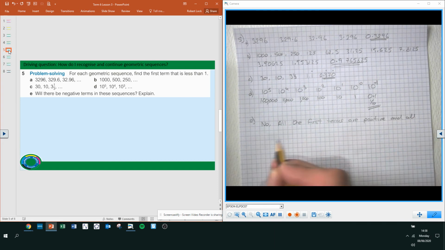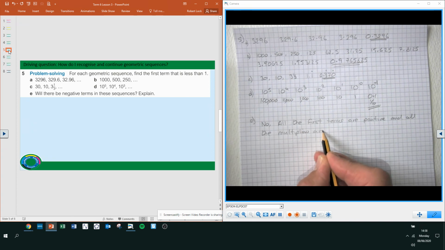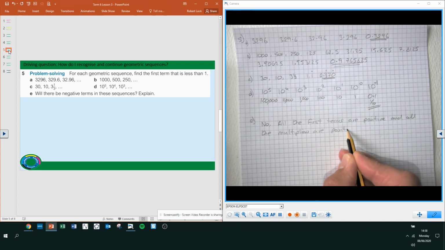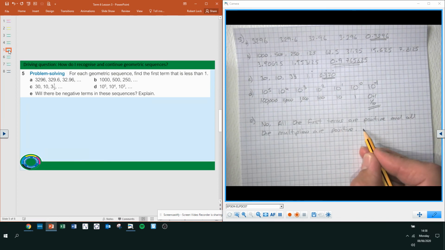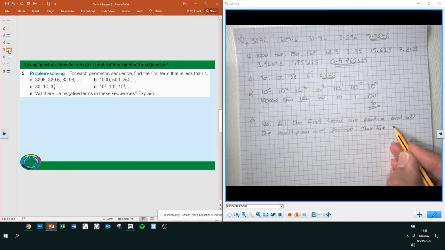And all the multipliers. Therefore, positive times by a positive equals a positive.